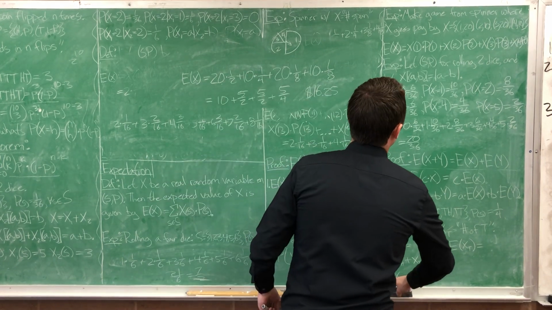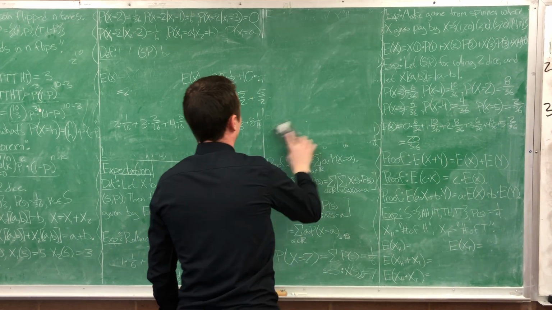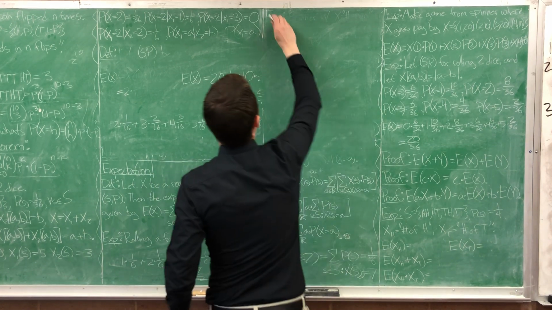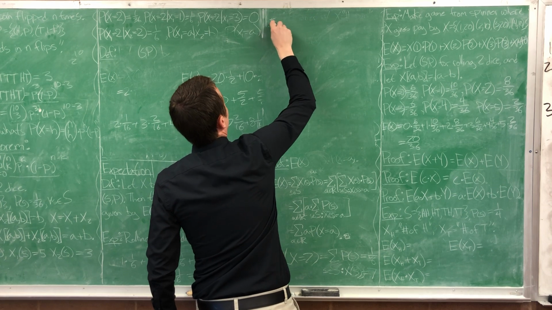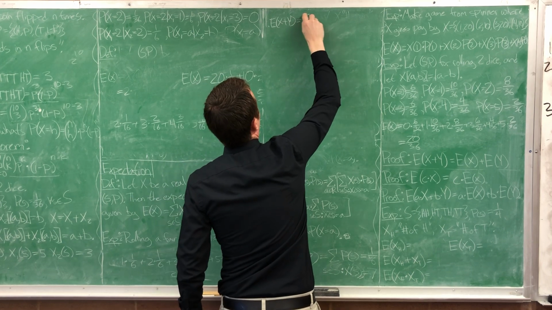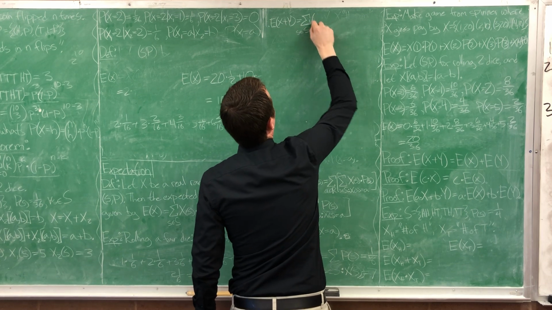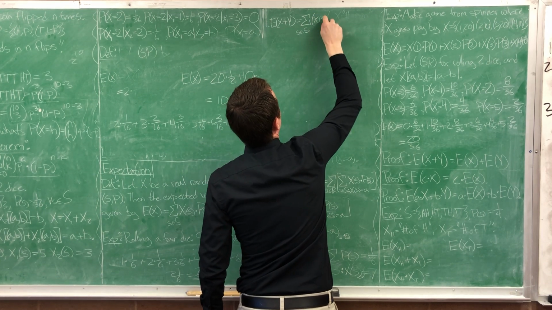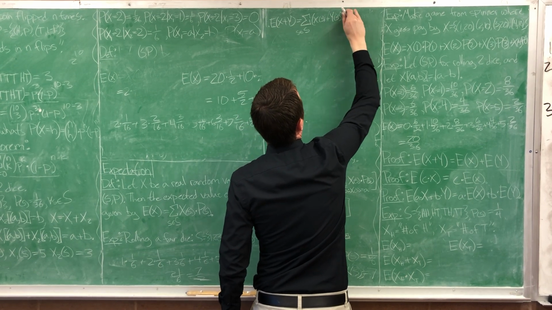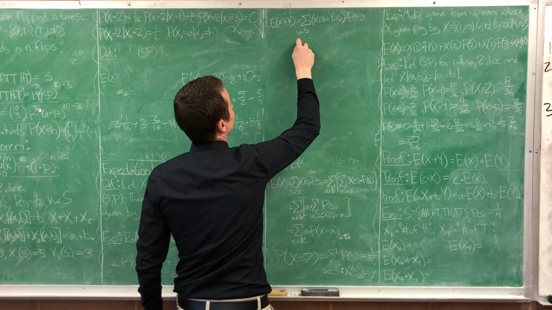So we'll do the proof, and then we'll see why this is so useful. The expected value of x plus y is equal to the sum, just using the definition, for all little s in big S of x of little s plus y of little s, all times the probability of little s.